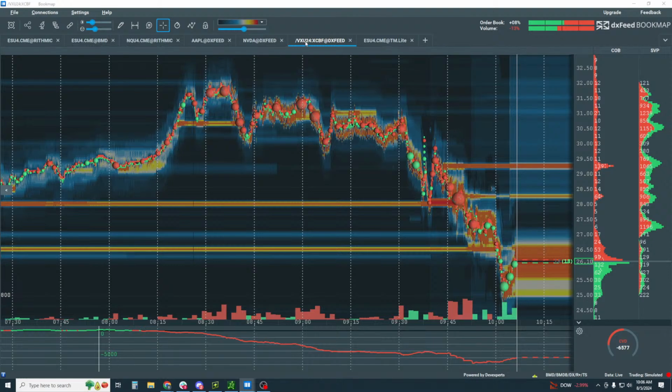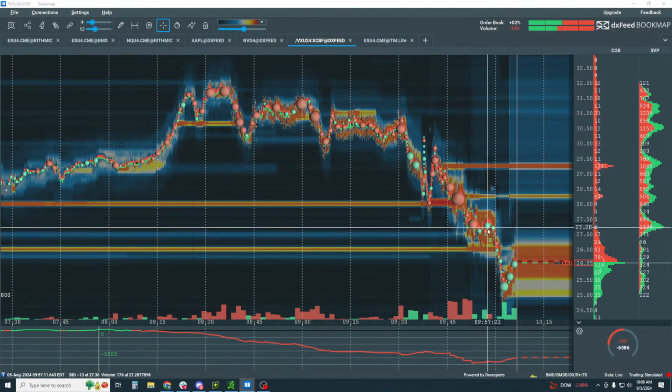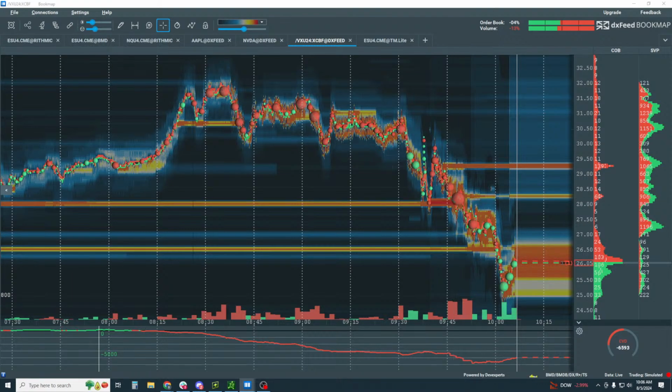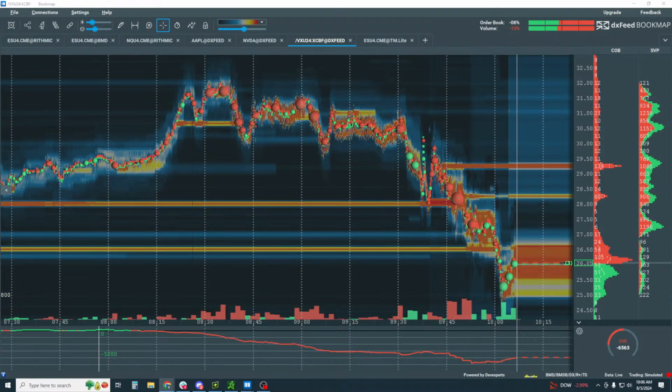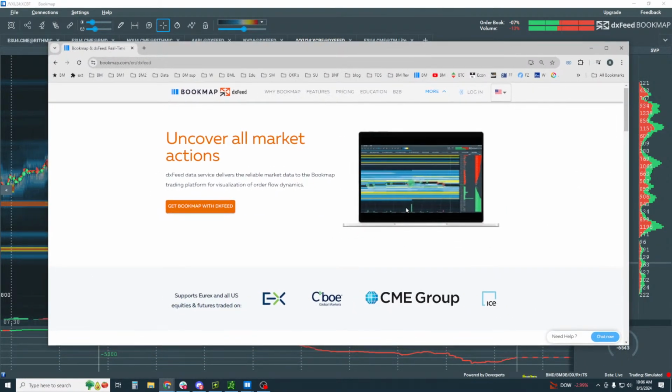This is the VIX futures, the CBOE. It's not the VIX index, it is the tradable futures product. It's the mini product.